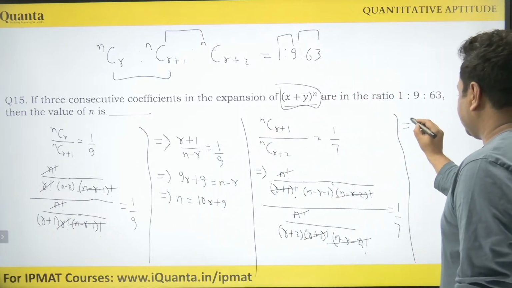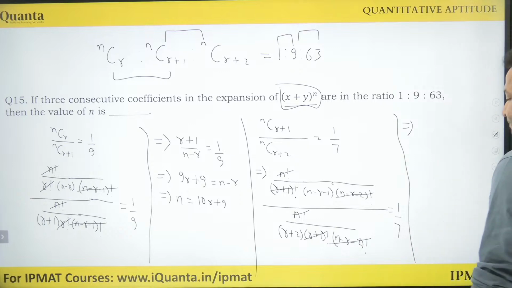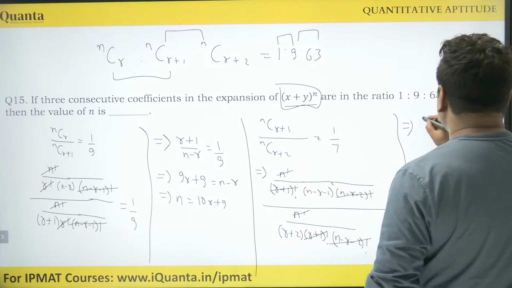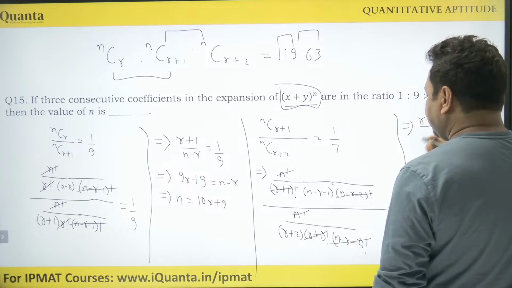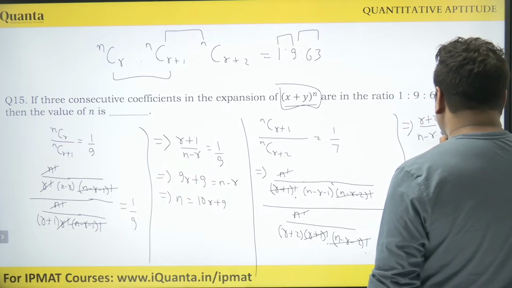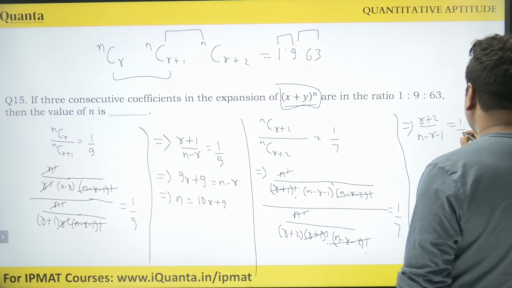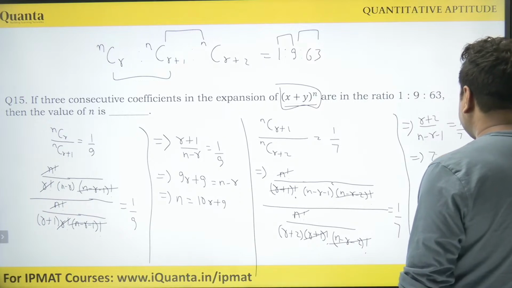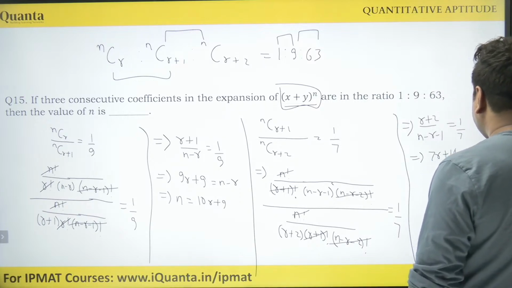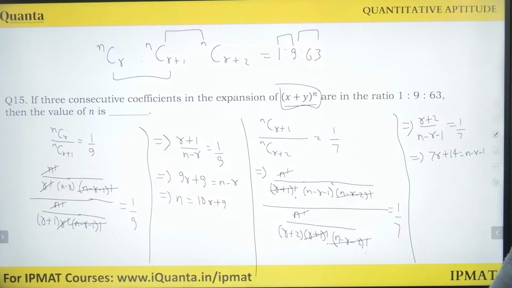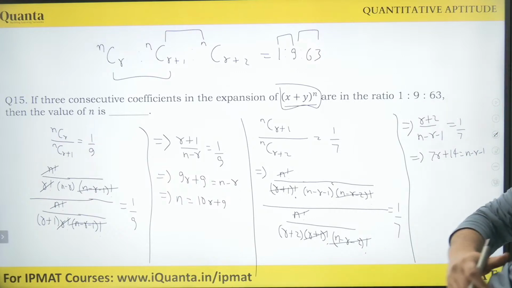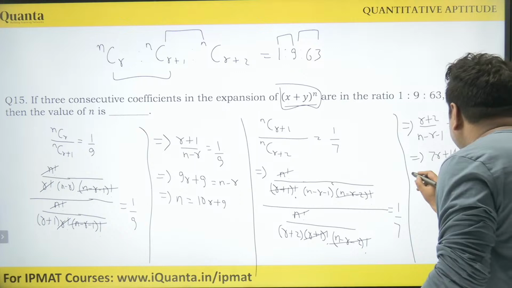Now all we have is (r+2) goes to the numerator and (n minus r minus 1) goes to the denominator. This is equal to 1/7, which means 7r plus 14 is equal to n minus r minus 1. Clear? Lot of calculation is there, but it's not that difficult.